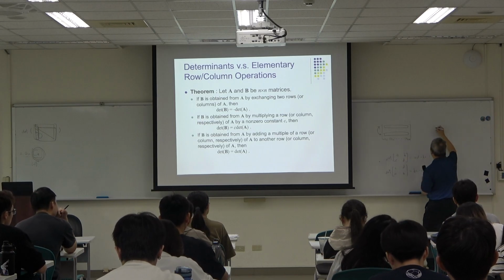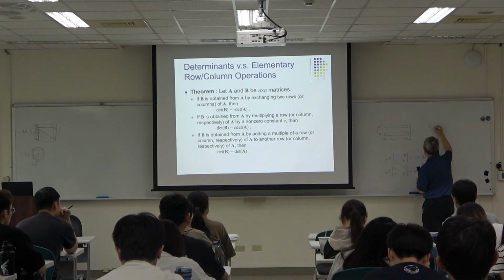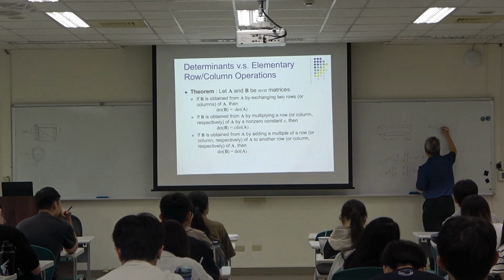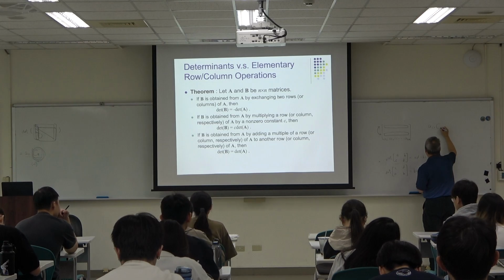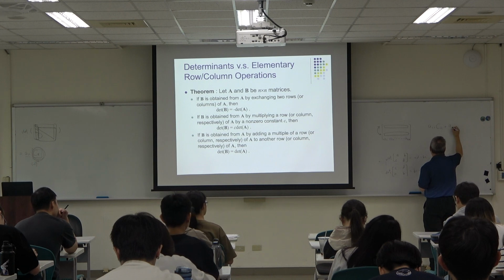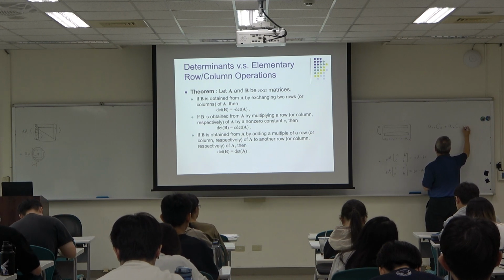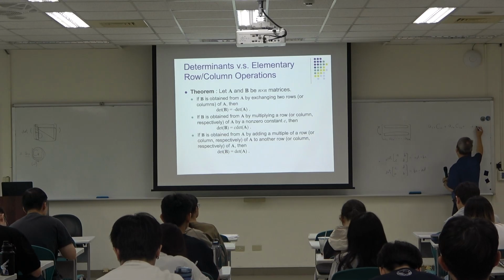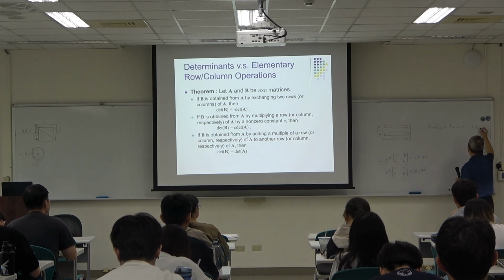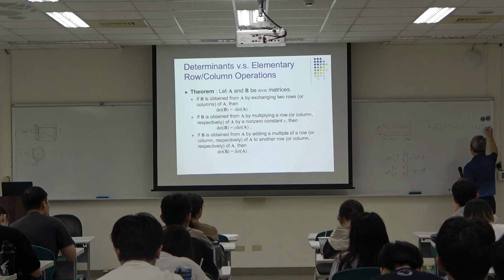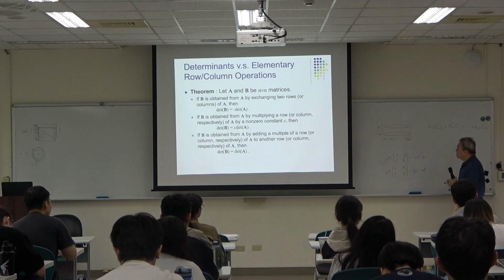So it's going to be AI1 CI1 plus AI2 CI2 plus AIN CIN, right?